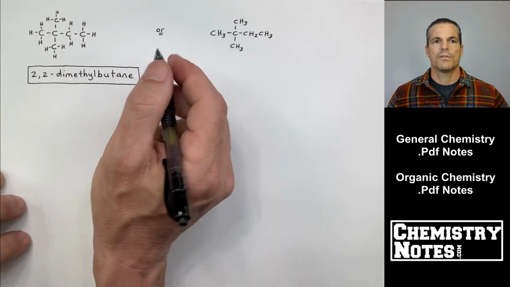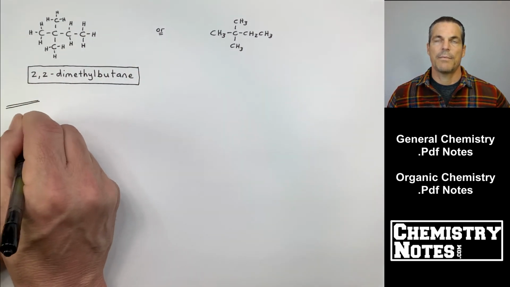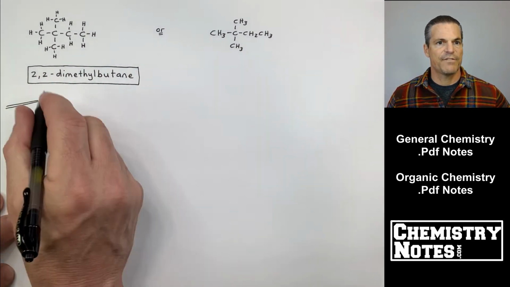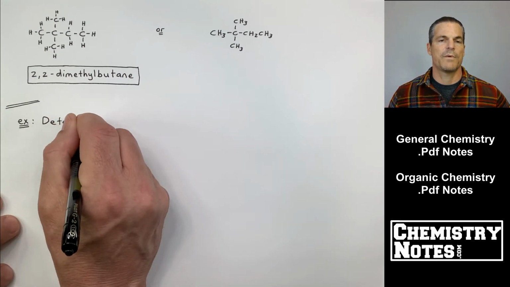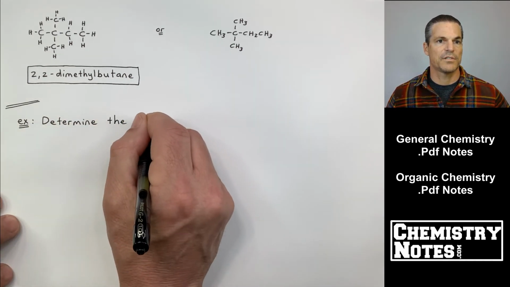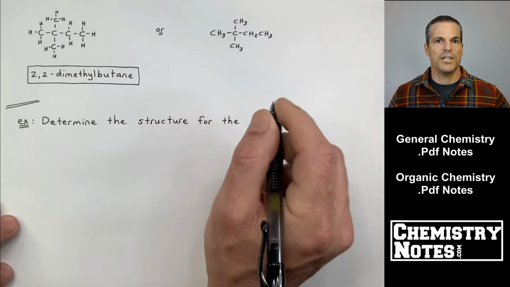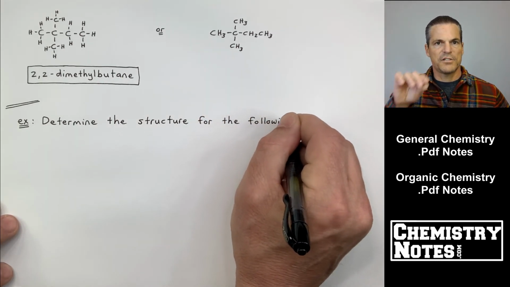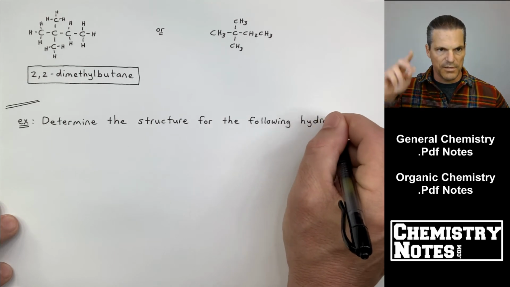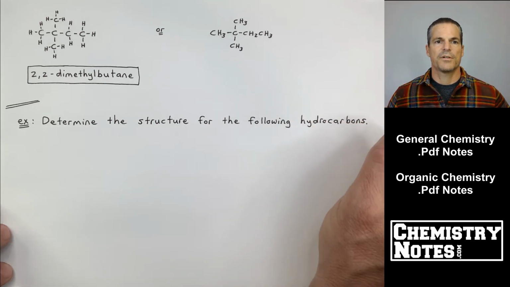All right, how many did we draw? 5. Those are my 5 constitutional isomers, or 5 structural isomers, of C6H14. For the formula C6H14, you count everybody, not just the carbons in the main chain, but the carbons in the branches as well.